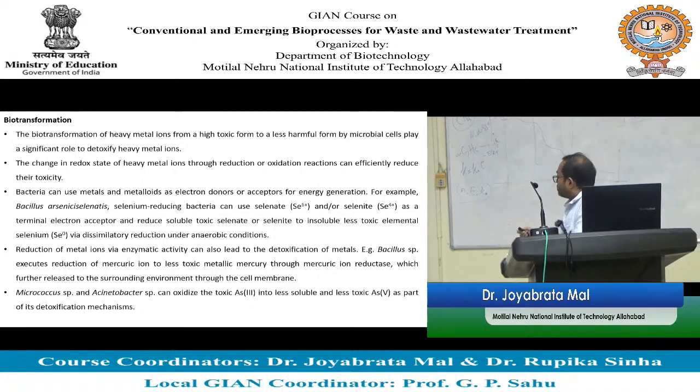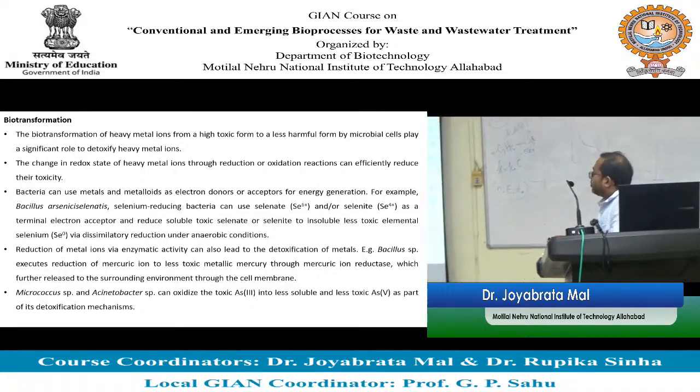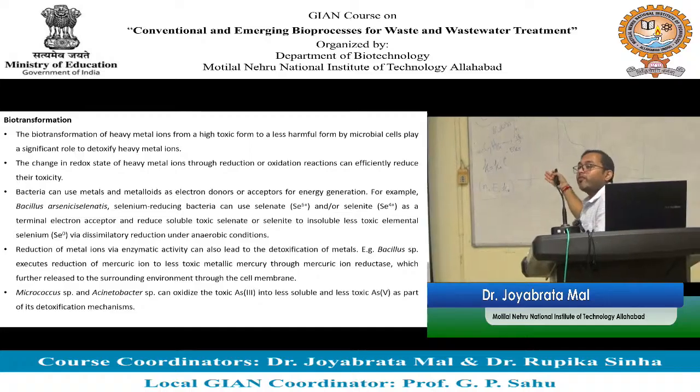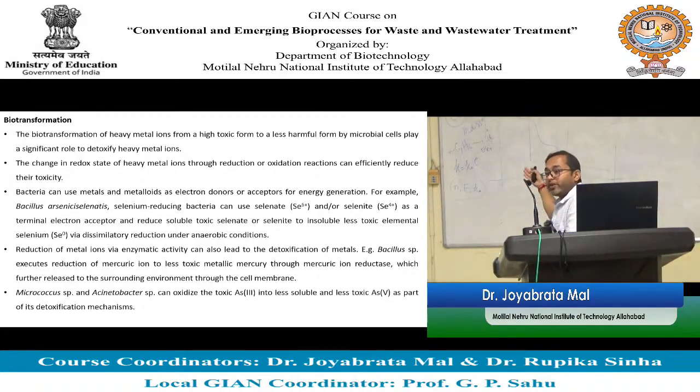So you can see that selenium can be reduced to selenium 0. Not only that, selenium can be reduced to selenide as well, just like sulfur. You have sulfur plus 6, plus 4, sulfur 0 and then sulfide. So it forms metal sulfide and precipitates. Selenium has very similar chemical properties to sulfur.